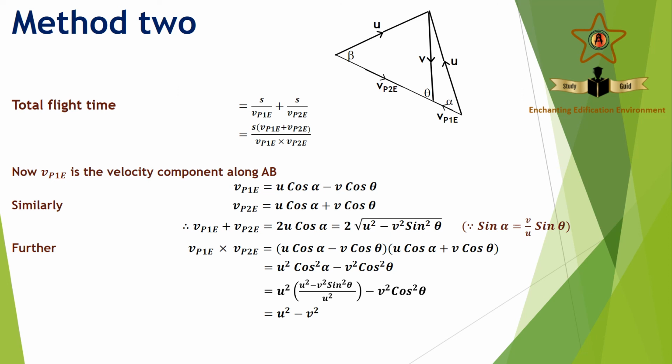So when we simplify this, it becomes u squared minus v squared. Now the total flight time is 2s times the square root of (u squared minus v squared sin squared theta) divided by (u squared minus v squared).